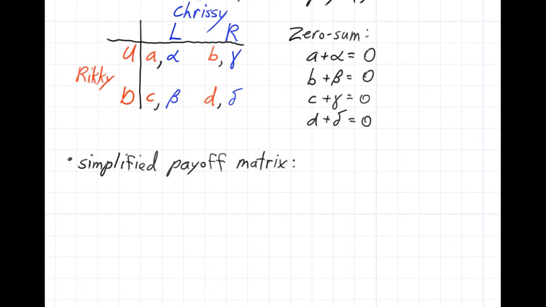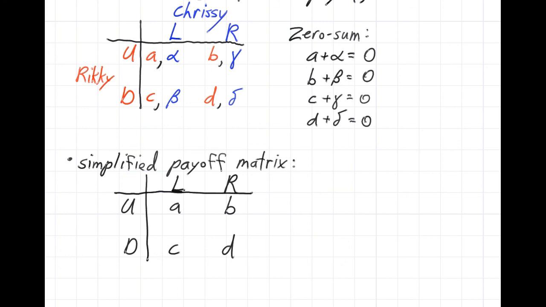And it looks very similar to a simplified matrix for the symmetric game, but it's different in some very important ways. So let's say the column player plays L and R still, the row player plays U and D. The payoffs can be written as A, B, C, and D. And again, these are the entries for the row player.